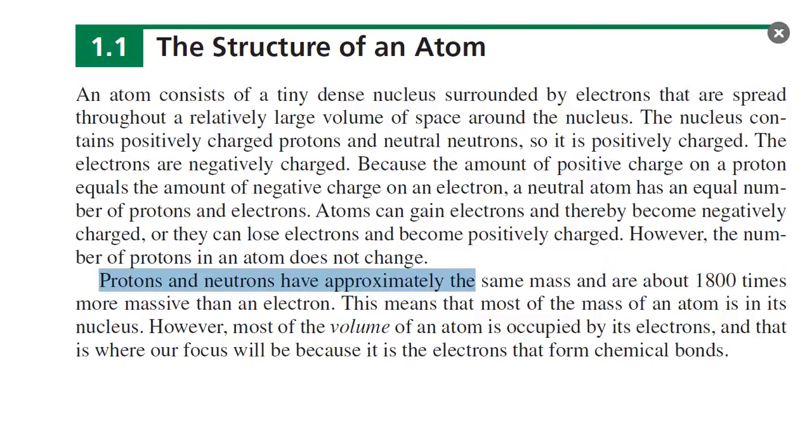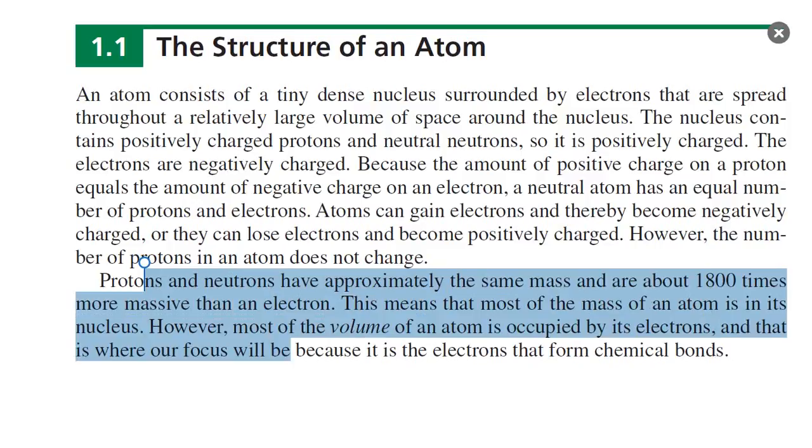Like if someone is overweight, quite 800 times, it is difficult to walk and lift the weight. So here are the protons and neutrons, fatty guys, quite big guys. And what they do, they are lazy. They don't want to walk. They can't walk. So what they do is, being 800 times more massive than electrons, they stay in the nucleus.